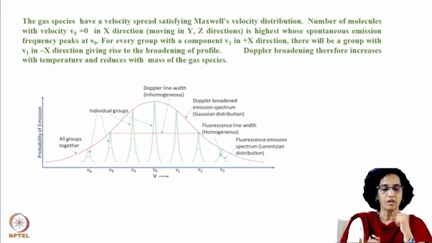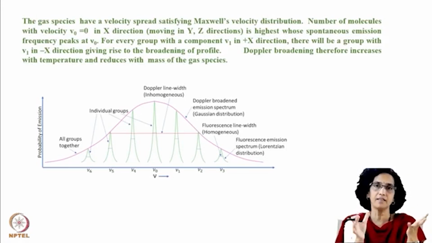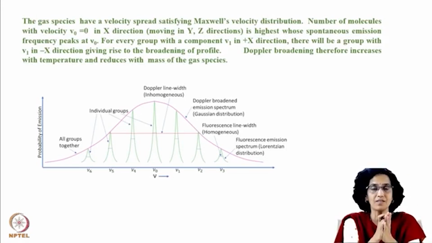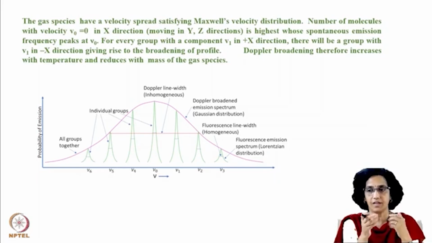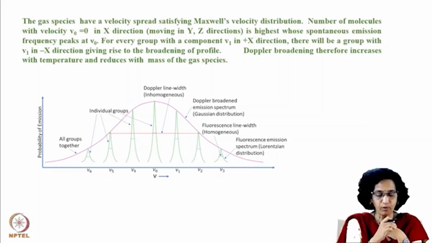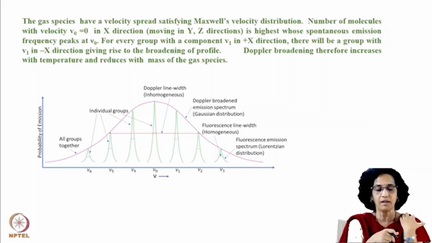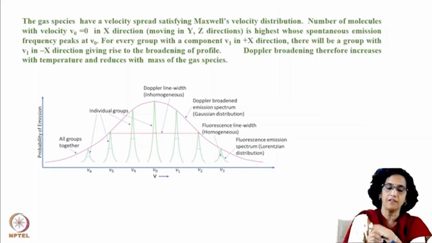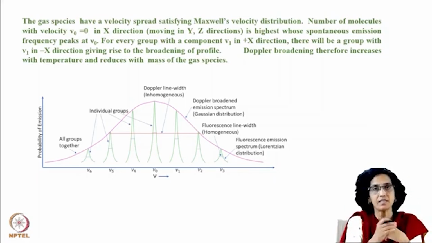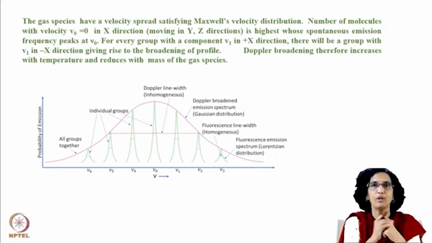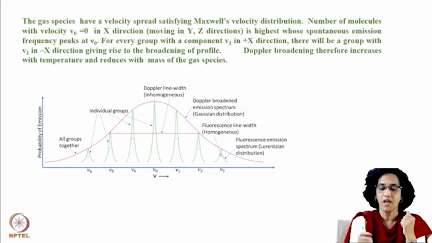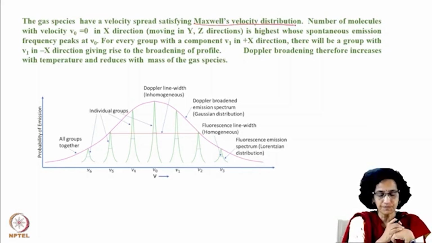So now we have an ensemble of molecular species at a particular temperature, and all the molecules which constitute this ensemble have a velocity spread which satisfies the Maxwell velocity distribution. So you have molecules moving in all directions, and they follow this velocity distribution.